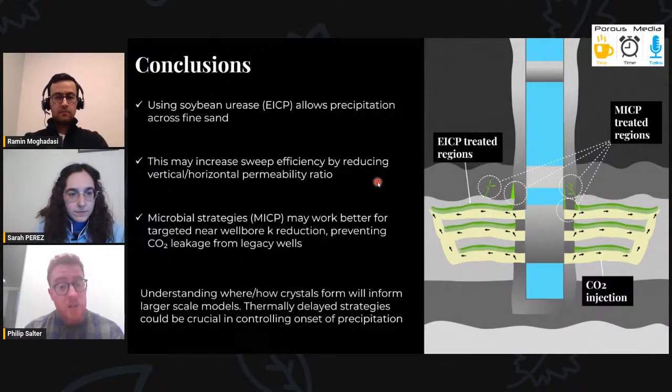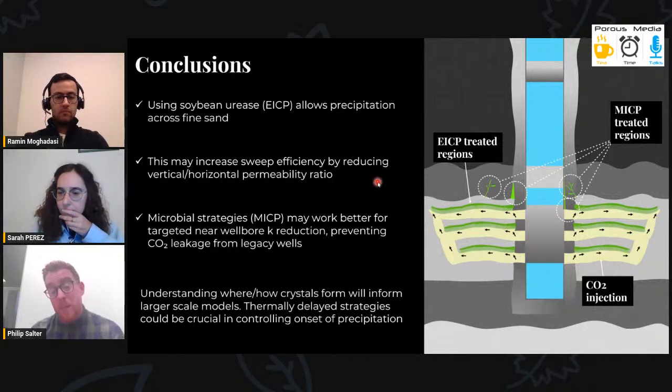So what are the conclusions of our studies so far? Well, using soybean urease allows precipitation across fine sand, and this may increase sweep efficiency by reducing the vertical to horizontal permeability ratio. Microbial strategies may work better for targeted near wellbore permeability reduction, preventing CO2 leakage from legacy wells.